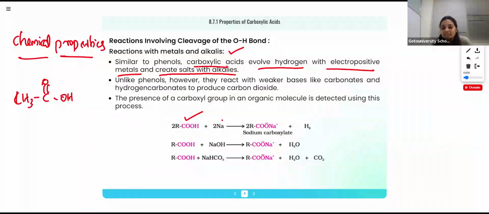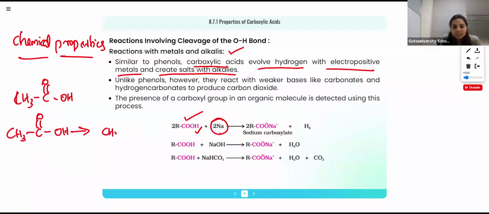Whenever this acid is reacting with a metal like sodium, what will happen? This hydrogen will be replaced by sodium. Why? CH3COOH, right? This one will decompose to CH3COO minus plus, sorry, not Na plus, H plus.